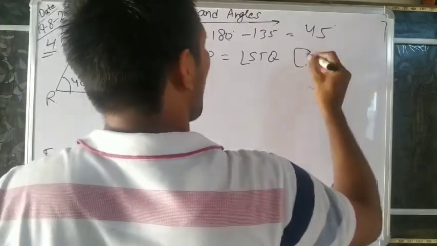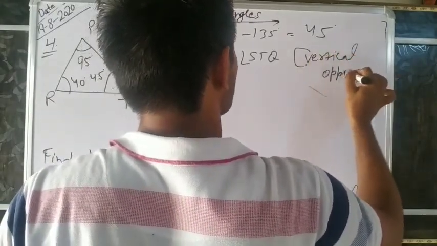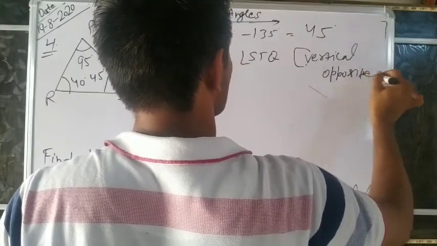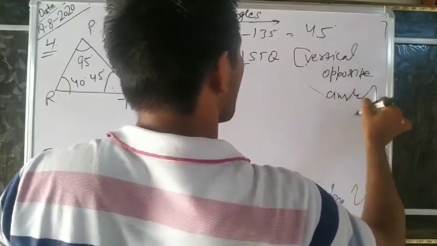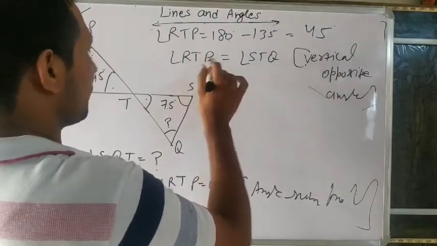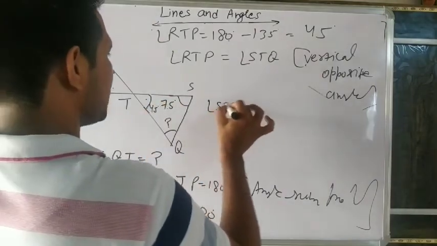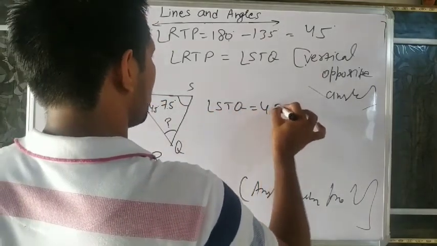Vertical opposite angles. RTP is 45, so it is also 45. That means angle STQ equals 45 degrees.